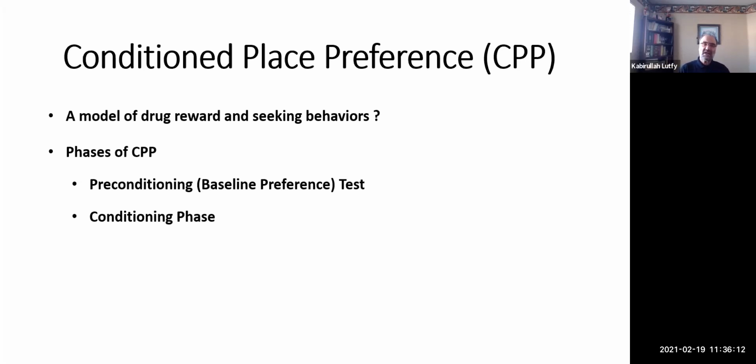Because they're receiving drug, you can call that the drug pair chamber. Then in the afternoon or the next day, you expose the mouse to a control, a vehicle. You use either saline or water vapor, whatever you use as a control, and then put them on the other side.